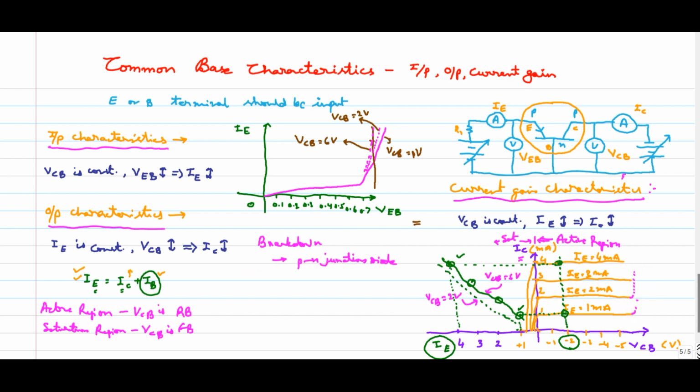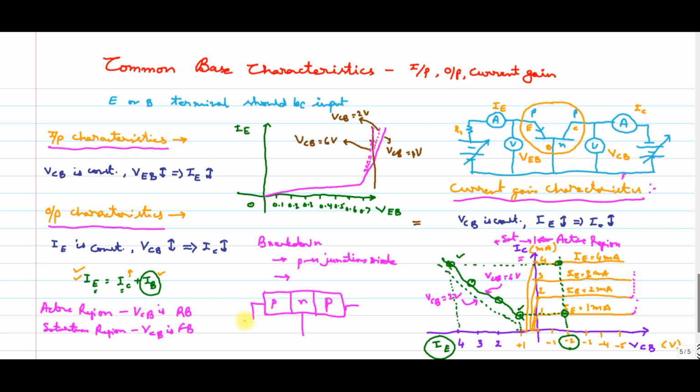There is another breakdown called punch through or reach through breakdown. What do punch through or reach through mean? Consider this PNP transistor. This is the base, emitter and collector.